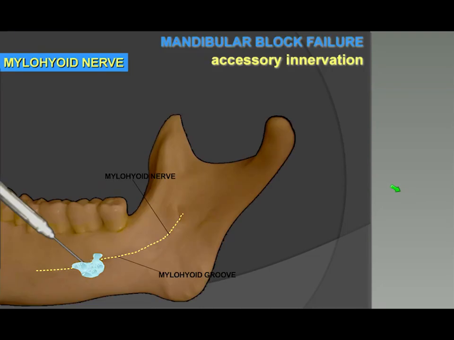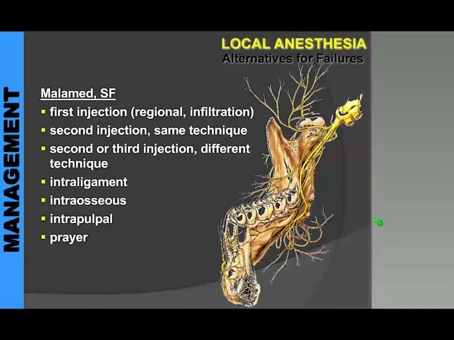So in that case, where we suspect, and we've got good signs, lip anesthesia, tongue anesthesia, soft tissue anesthesia, sometimes what we'll do is we'll come back and give a little infiltration there for the mylohyoid nerve. This will be on the lingual surface of the mandible, right at the apex, needle touching bone. We want to avoid injecting into the floor of the mouth, salivary glands. That can lead to a lot of complications there.